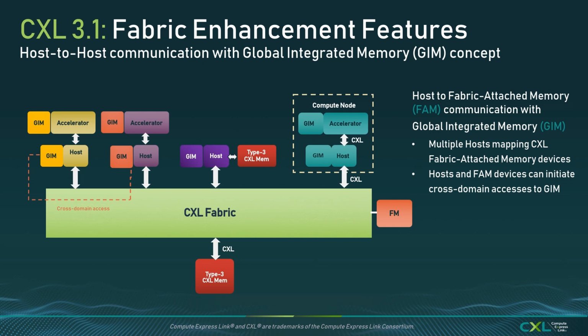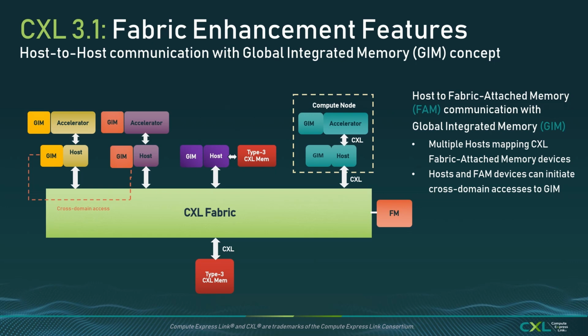It's basically a window into that host, and this is going to enable host-to-host communication models, and it's built on top of the basic fabric address mechanism that PBR introduced.